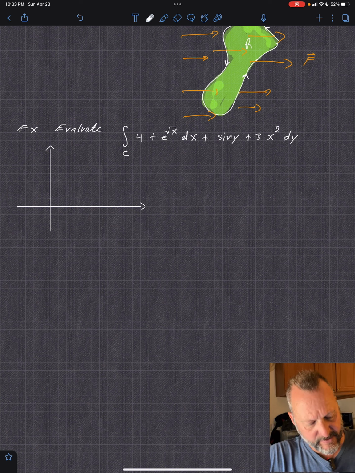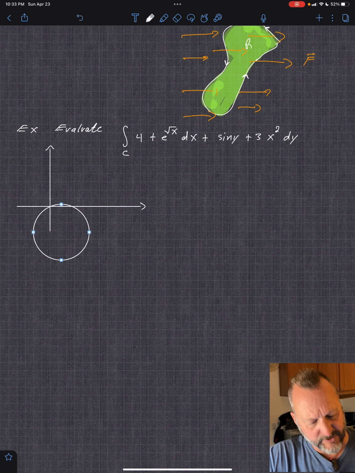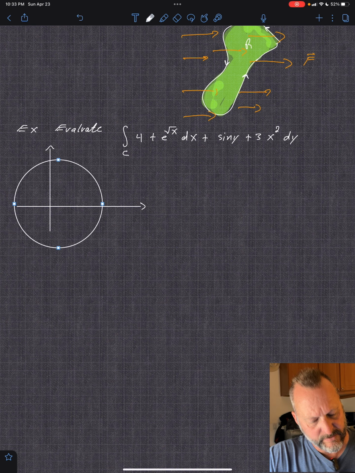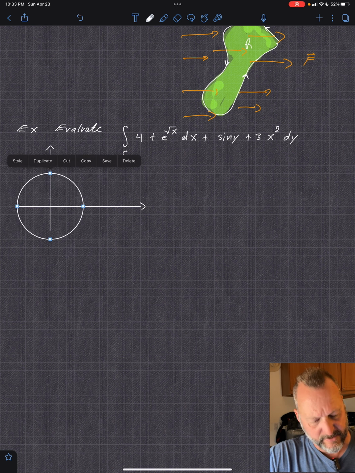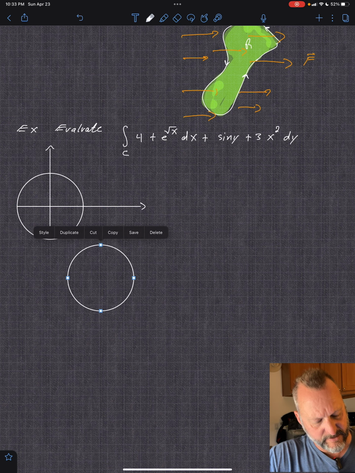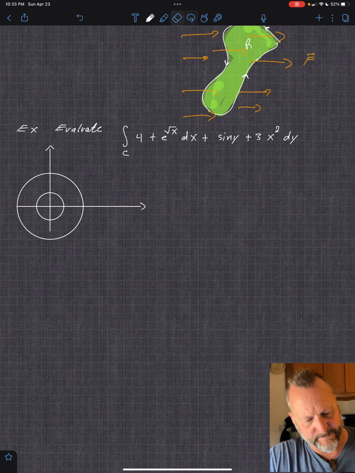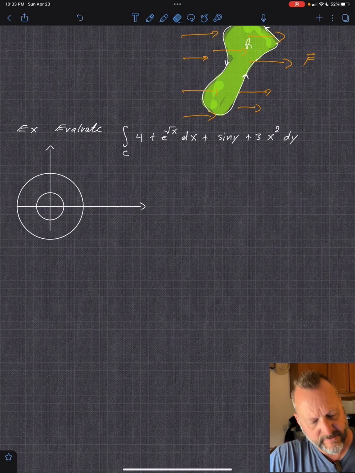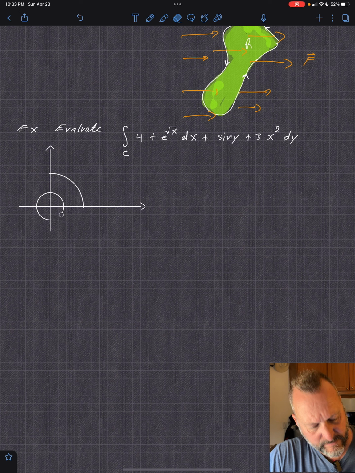So I'm going to do it like this and put it up there as a circle. We're just going to make that a bigger circle. So not that big. Okay, so C would be like that, and let's make that smaller, and it's from A to B. We'll erase the rest of these. And it's just in the first quadrant, like that.